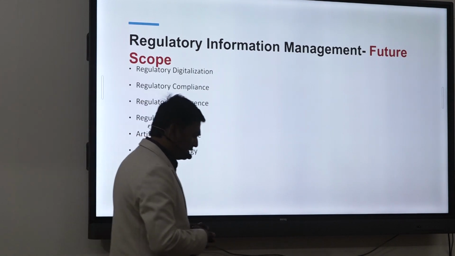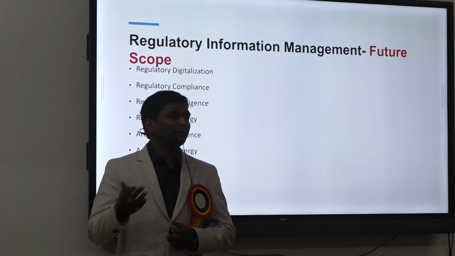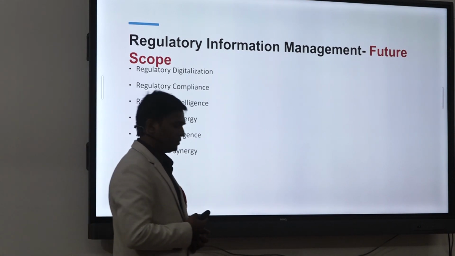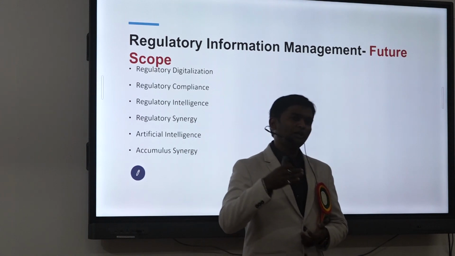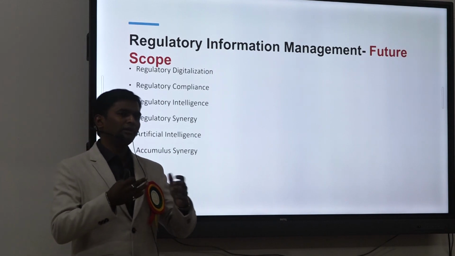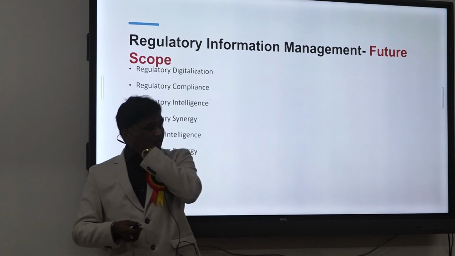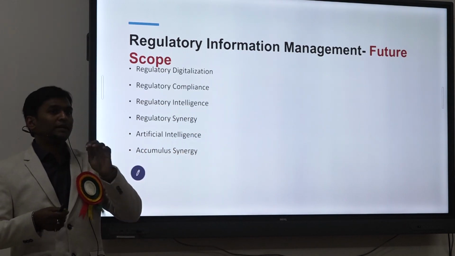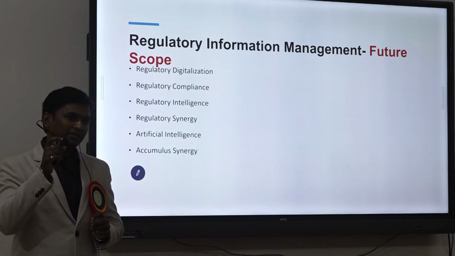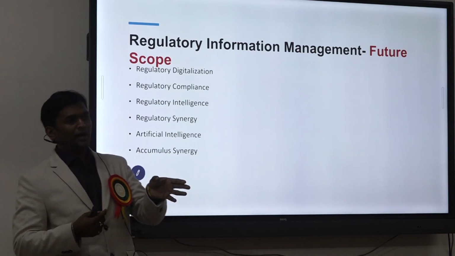Another thing is RTQ, response to queries. When you get any question from a health authority, that is called an RFI, request for information, which you get through email communication via the QPPV, qualified person for pharmacovigilance, or a regulatory professional. RTQ is nothing but what you write to the health authority in order to answer that RFI.